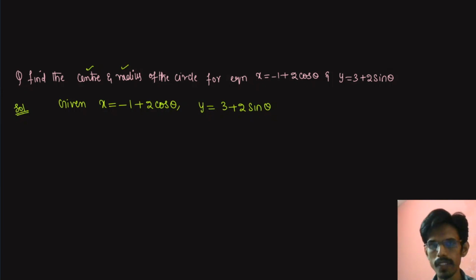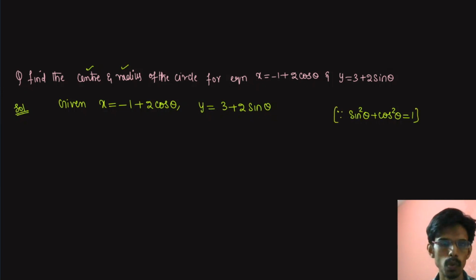So whenever we see sin theta or cos theta, we know the identity, that is sin square theta plus cos square theta is 1. We know this relation for sin and cos. So here we have cos and sin, so whenever we see this, we apply squaring and adding.